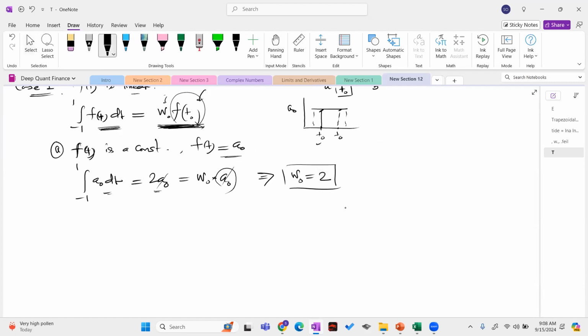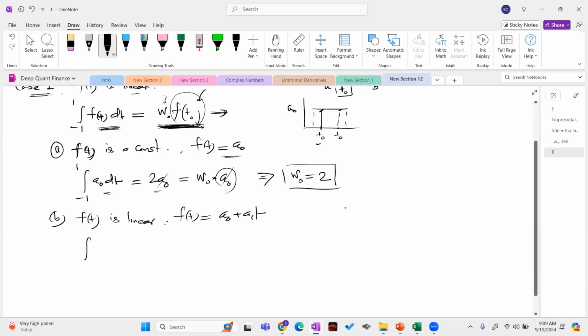Okay. Case B, f(t) is linear. This recipe will work till the first degree, so till linear terms. So f(t) must be of this form, something like, let's say, a0 plus a1t, correct? A linear function of t. Now what is this integral?